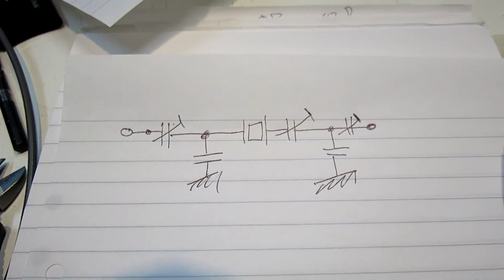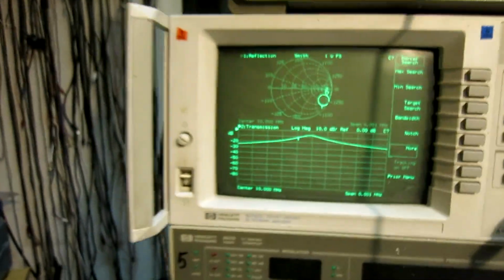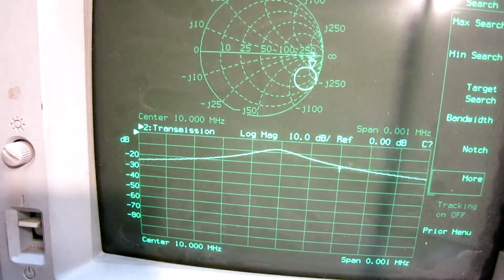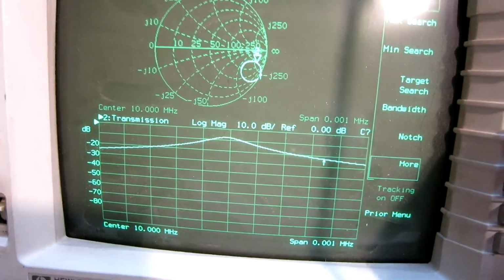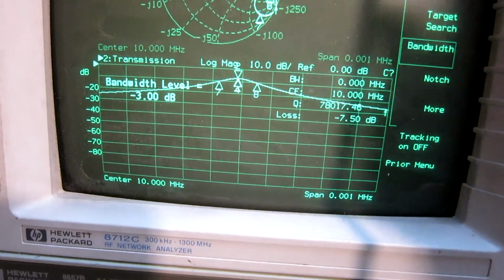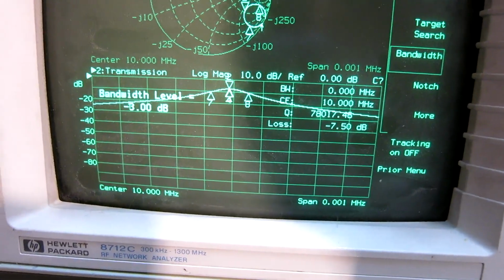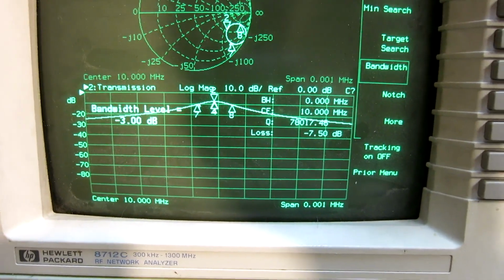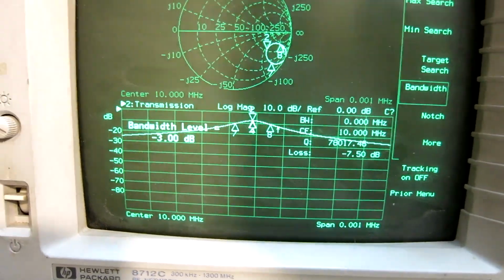So this is what I do for this experiment. The network analyzer shows this, and the bandwidth function tells me Q is 78,000, loss 7.5 dB. So it is pretty similar to before.